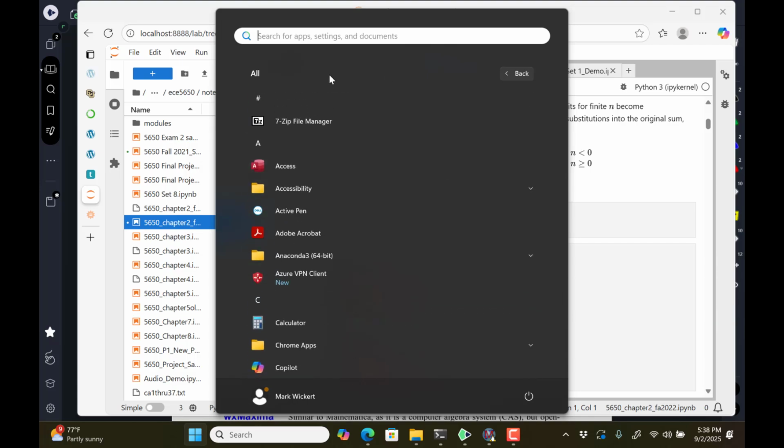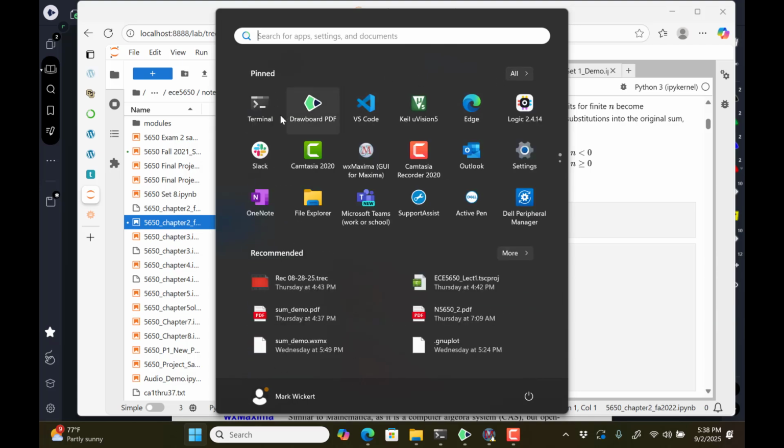For me, though, what I did is I just mounted a terminal up here so that I could get access to that as one of my pinned applications. And then the other things that I'm using are up there. Just follow the directions. You can do PowerShell. Does yours say PowerShell also, or just command prompt? Anaconda prompt. Okay.